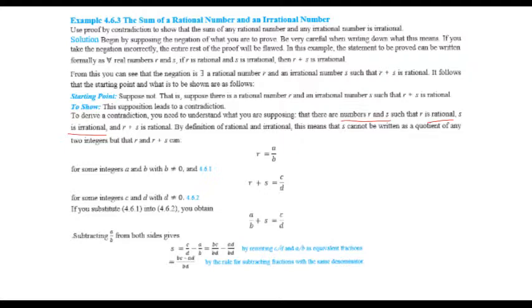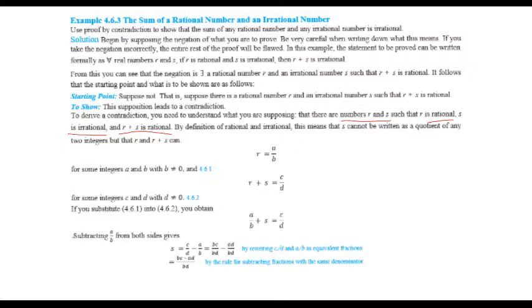Okay, so numbers R and S are respectively rational and irrational, and since we suppose that the negation of this statement is true, R plus S should be rational, right? Because the actual statement is that the sum of a rational and an irrational number is irrational. So since we are proving by the method of contradiction, we have to assume that R plus S is rational.